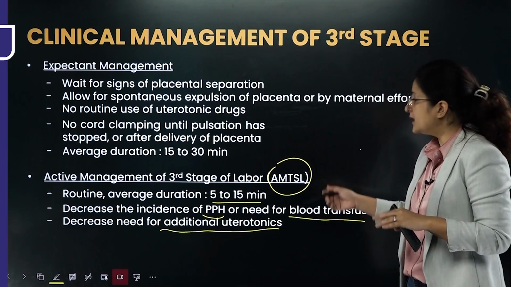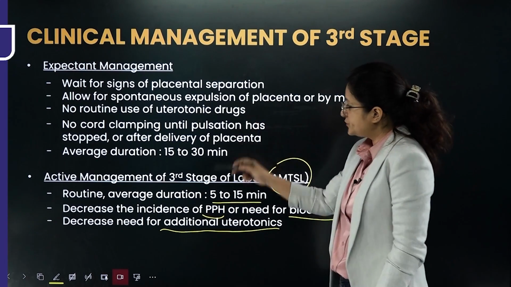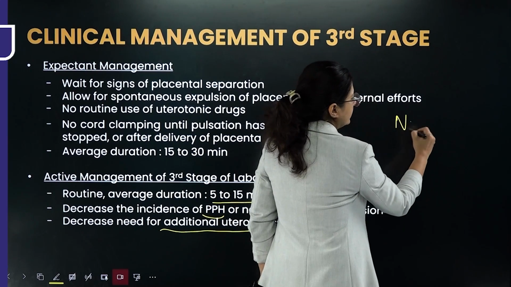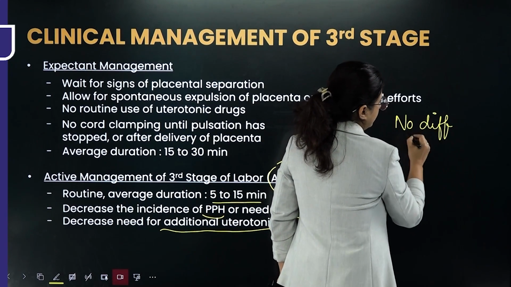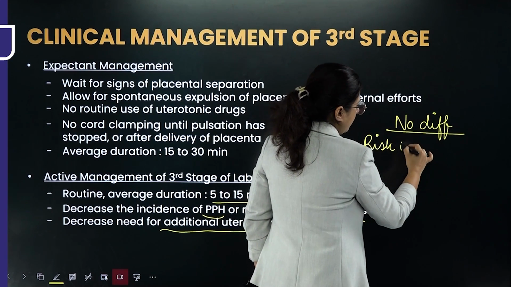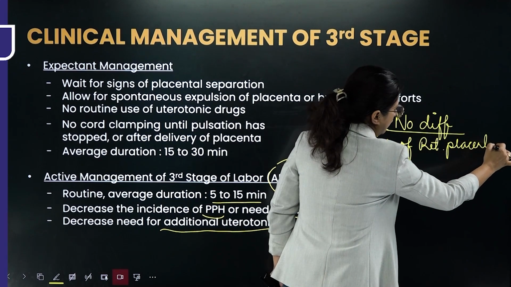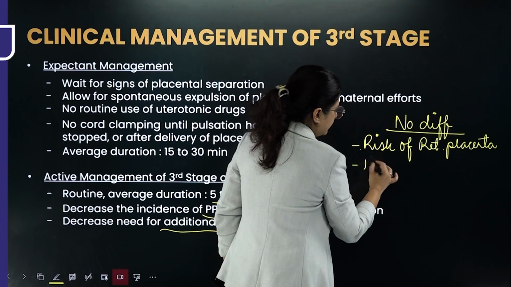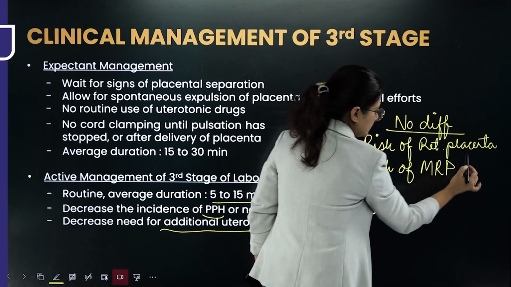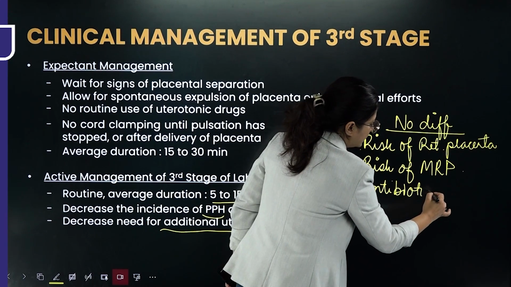Now, these are the outcomes that are different, but when you compare expectant management with active management of third stage of labor, there is no difference between the two as far as the risk of retained placenta is concerned overall, or the possibility of manual removal of placenta, or the need for antibiotics.